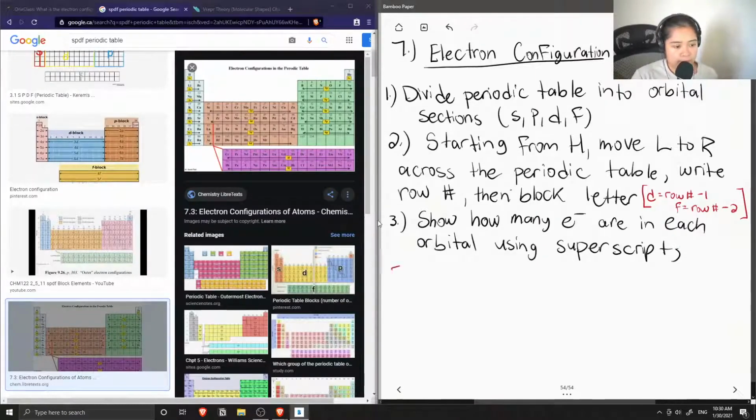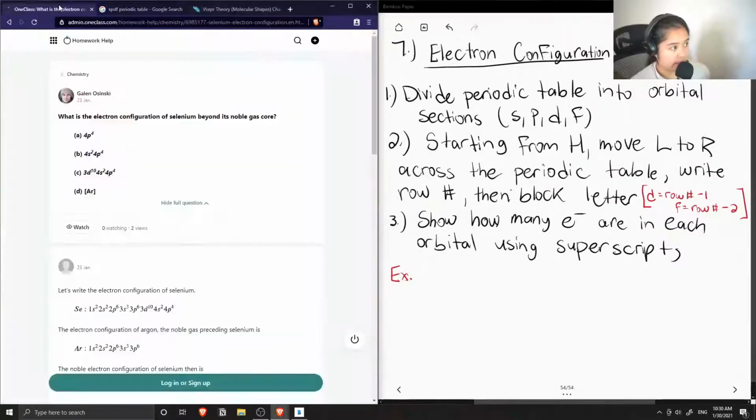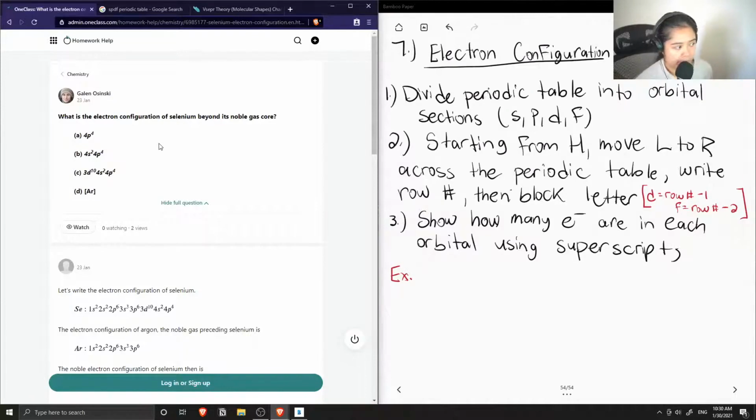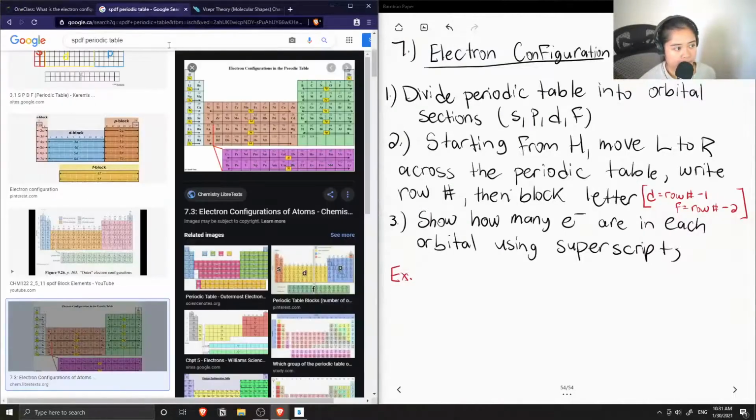Okay, so let's look at our example, which I believe was selenium. They ask for selenium beyond its noble gas core, but it helps if we write out the full electron configuration, find the noble gas core, and then find our answer. So let's find selenium on the periodic table.